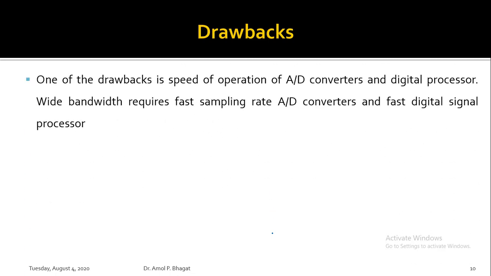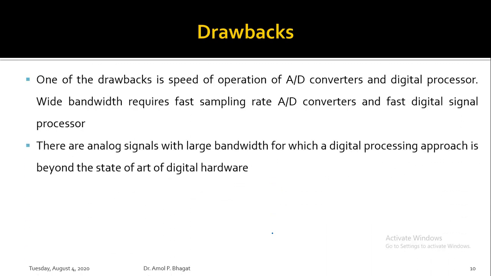One of the drawbacks is the speed of operation of the analog to digital converter and digital processor that I already stated. Okay. The second drawback is that wide bandwidth requires a fast sampling rate, analog to digital converter, and fast digital signal processor.